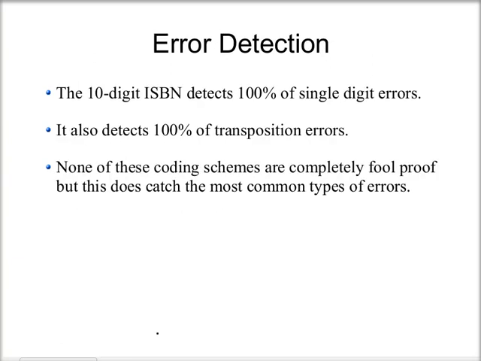So how good is this at error detection? Well, again, we're going to detect 100% of single-digit errors, and also 100% of transposition errors where we're just switching two digits. There are a few errors that are going to be missed, but nothing is completely foolproof, and this does catch the most common types of errors.